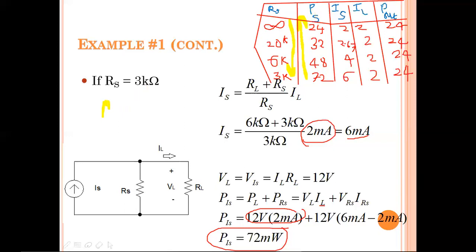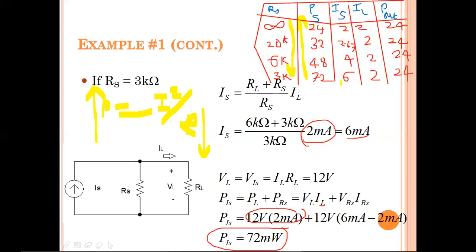P is always equal to I squared R, like this you can show. When the resistance Rs of the input supply decreases, my power increases. Observe from infinity to 20 kilo ohms, the value decreases to 3 kilo ohms, but here the power increases. And in the same way, the input supply also increases.